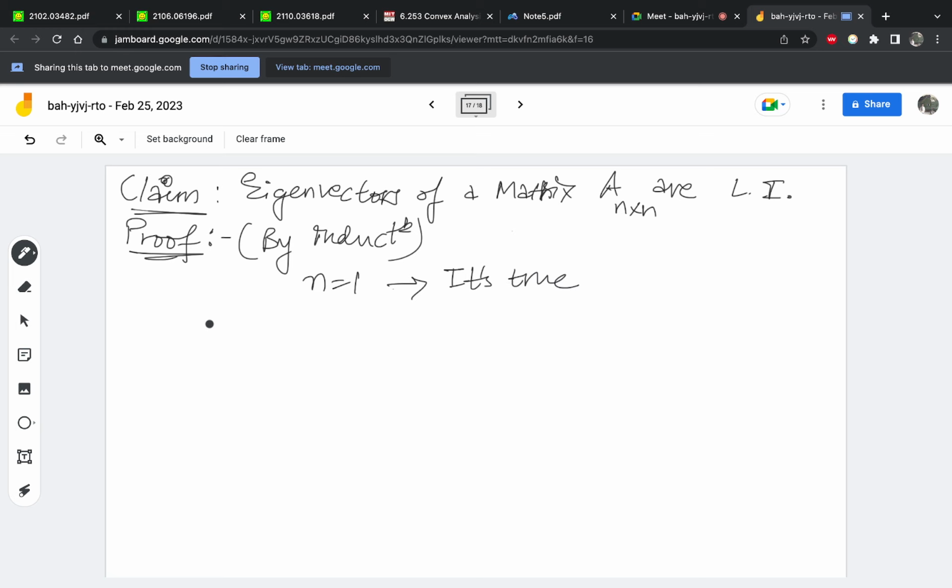So it's induction on the dimensions of the matrix, right? Well, maybe let me rewrite this so that there is no confusion.